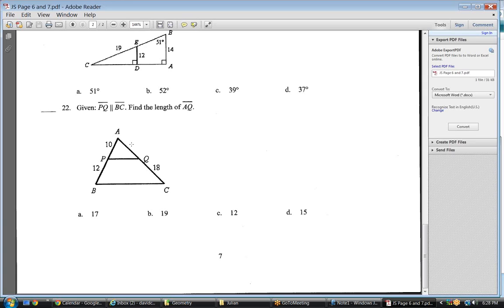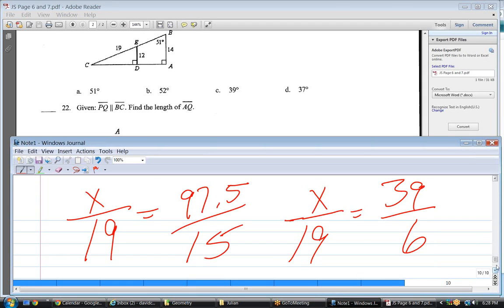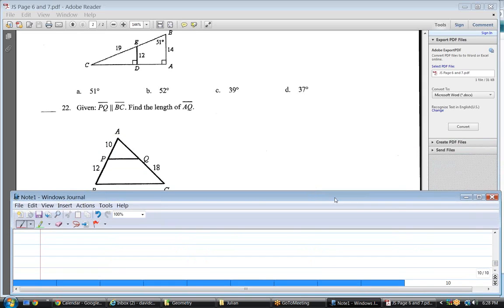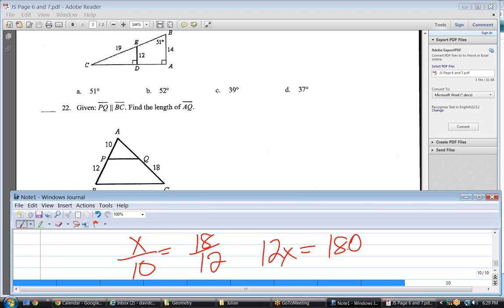Yeah. That is the proper ratio, but it happens to be the same as the other ratio. In other words, if I say x over 10 equals 18 over 12, that's only true if 12x is equal to 180, right?